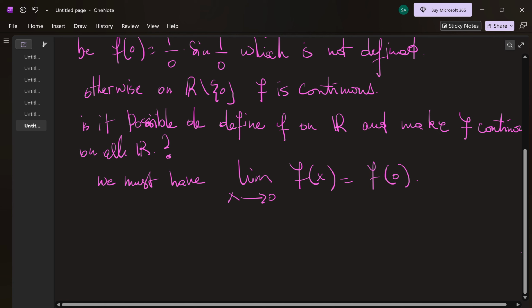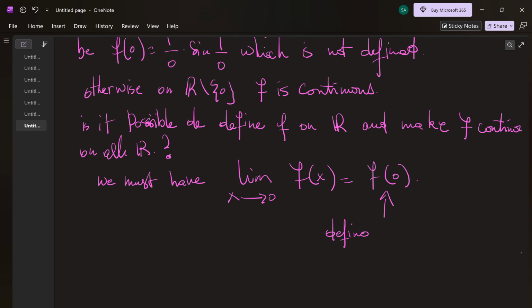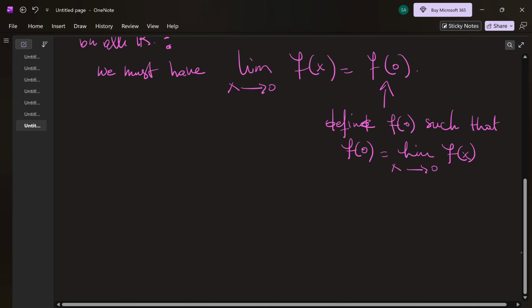So we should define f of 0 such that f of 0 is equal to the limit of f of x when x approaches 0. How to do this? We should calculate the limit.